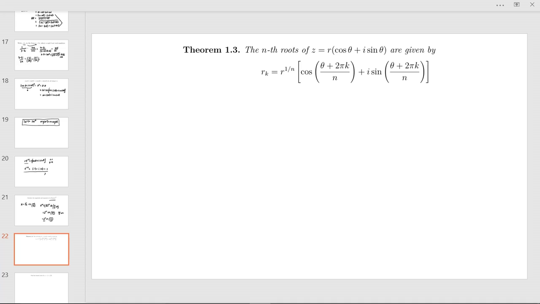So now, to prove this, we use De Moivre's theorem.